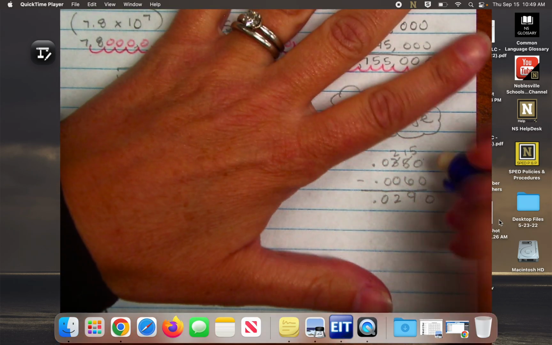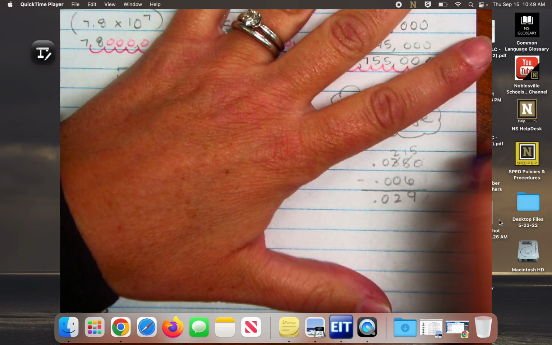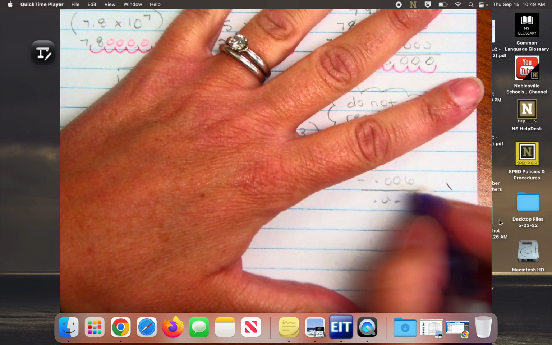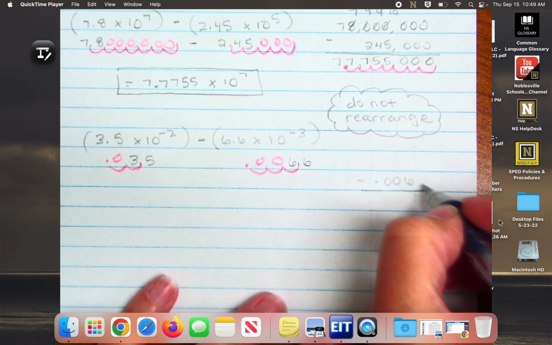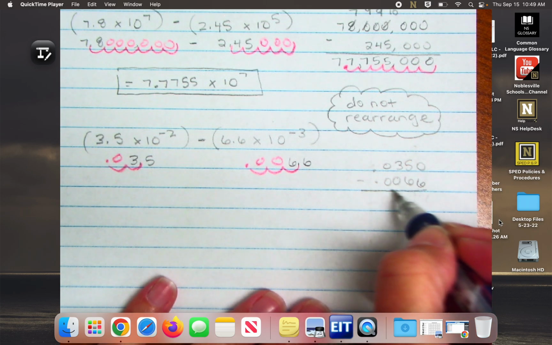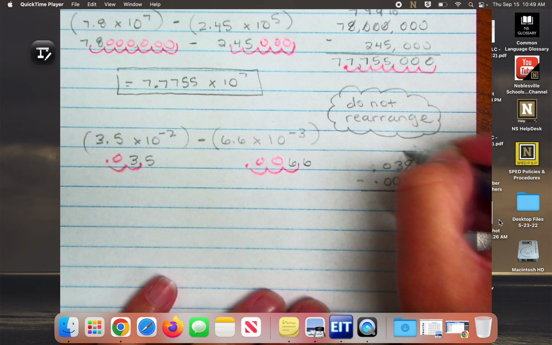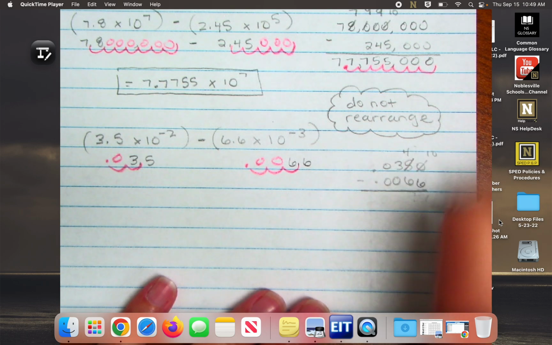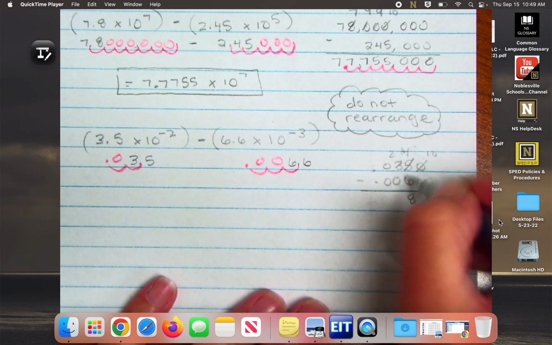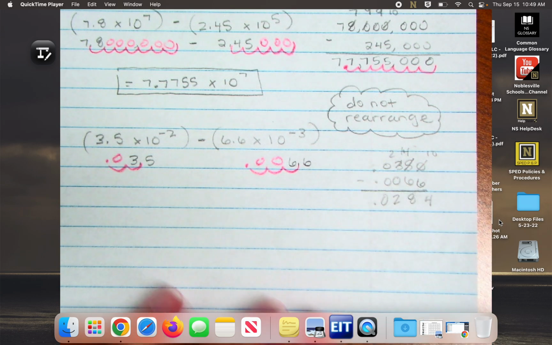Oh wait, I forgot a 6. I'm sorry. I'm like, why does this look too easy? Hold on. That's why I was wrong. My bad. Okay, so this is going to turn into a 4. That will turn into a 10. 14. There we go. Phew, that looks better.